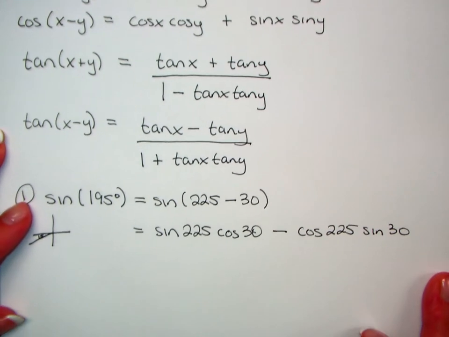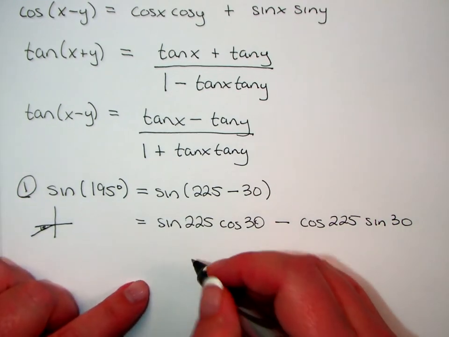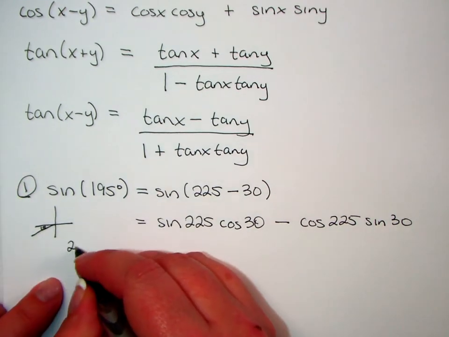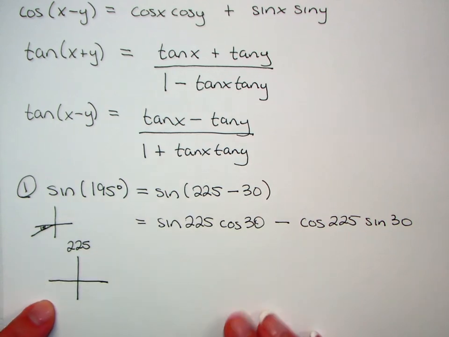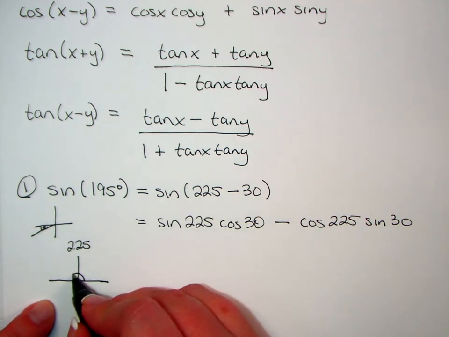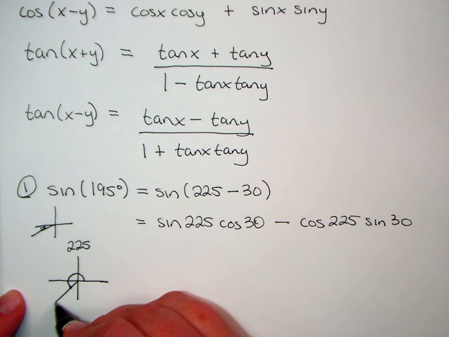To do that, for 225 degrees, I'm going to draw a little unit circle here to look at. 225 is down here in quadrant 3.